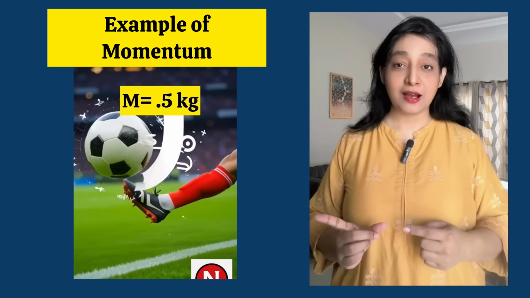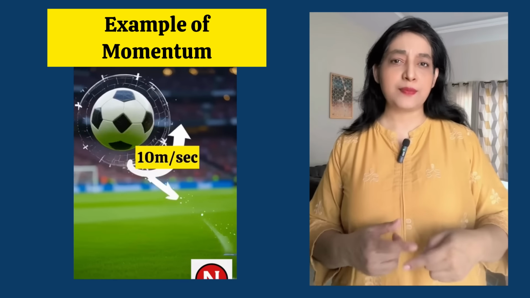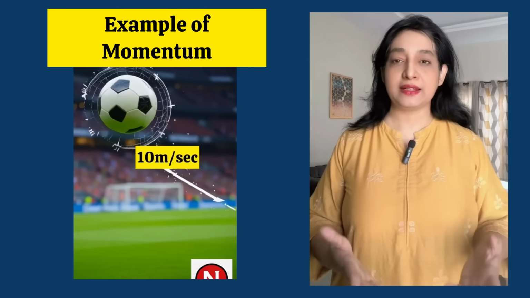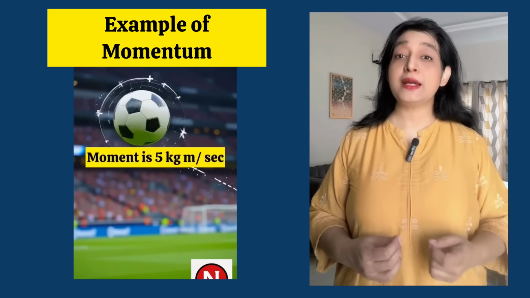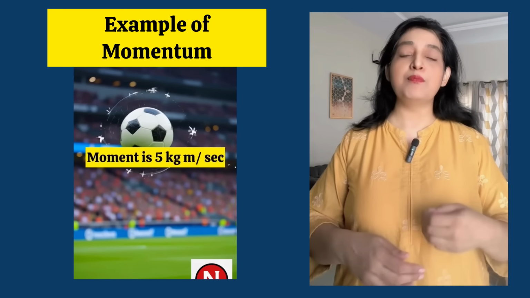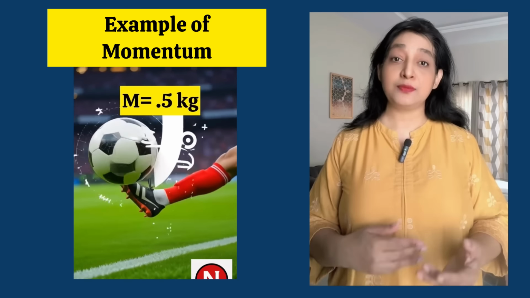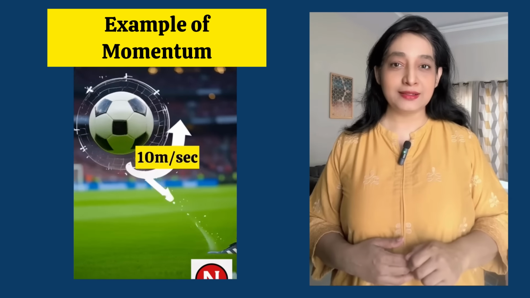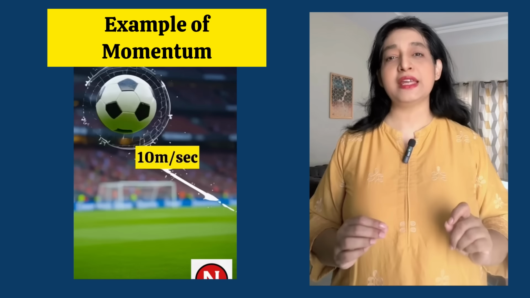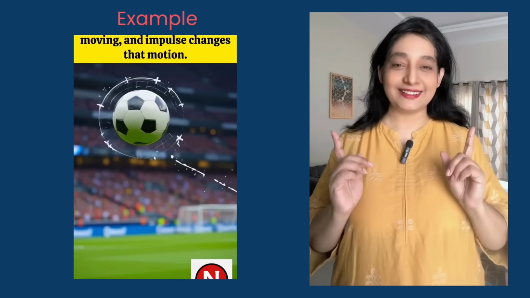Look at the diagram, I am showing step by step the soccer ball being kicked. So momentum keeps things moving and impulse changes that motion. Got it? Let's move on to something that makes things turn.